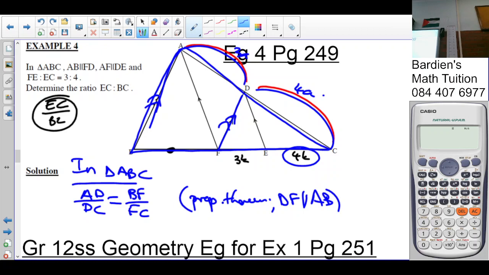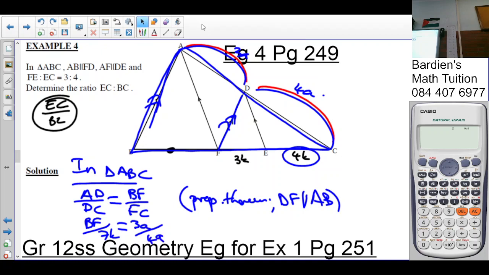So BF is what we're calculating over FC, which we have in terms of K. So BF over FC, which is 7K, is equal to AD, which is 3A, over DC, which is 4A.